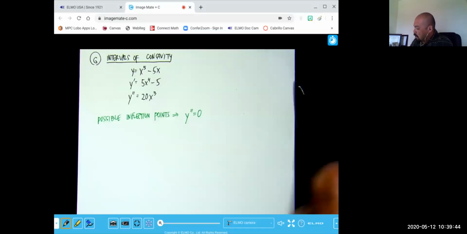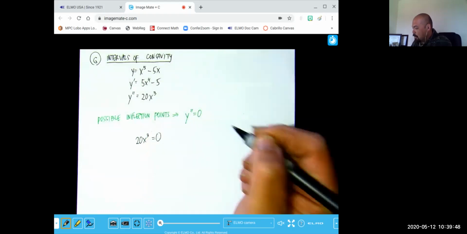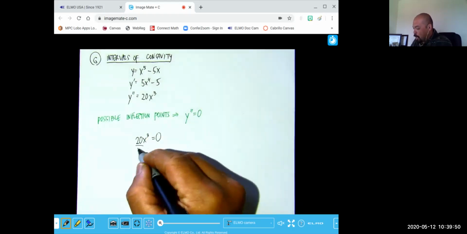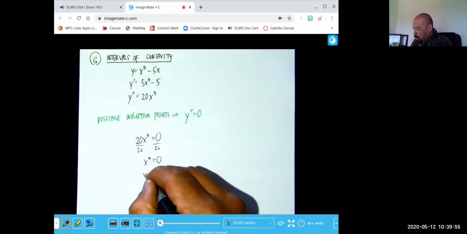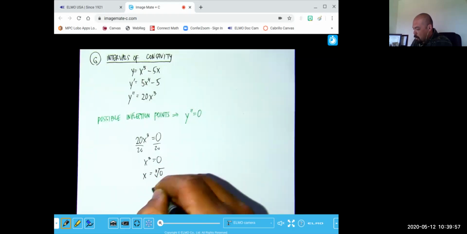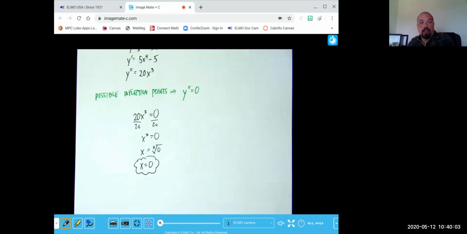And in this case, with our second derivative, it's just simply 20x cubed equal to 0. Divide both sides by 20. I know this is probably overkill, but that simple x is 0, right? That's the only way to get a 0 out of that monomial term.